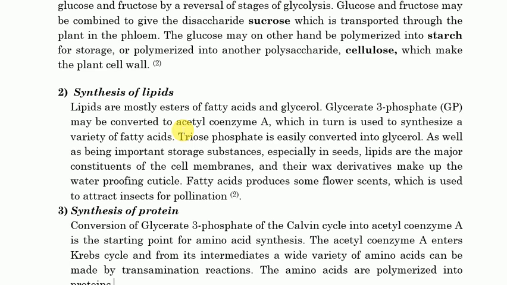So glycerol and fatty acids can combine to form lipids, as we discussed in biochemistry, as well as being an important storage substance, especially in seeds. Lipids are the major constituents of the cell membrane, and their wax derivatives make up the waterproof cuticle in plants.